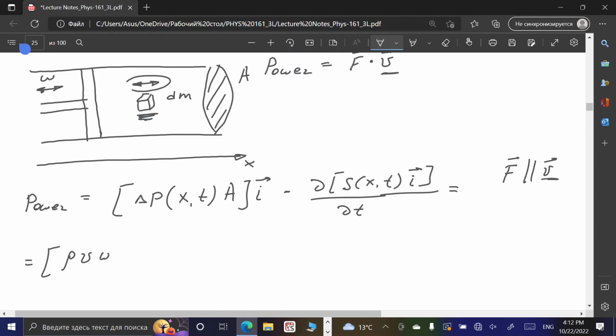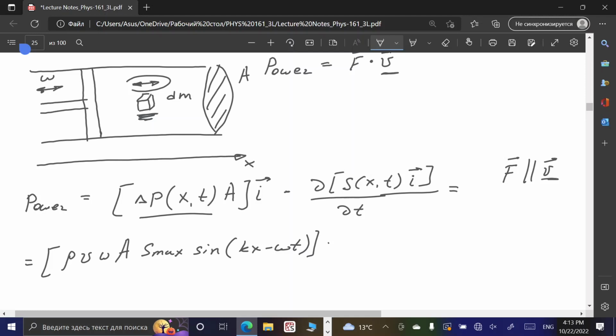Then we have angular frequency times area times S maximum sine of kx minus omega t. So that stands for the change in pressure as a function of position and time.